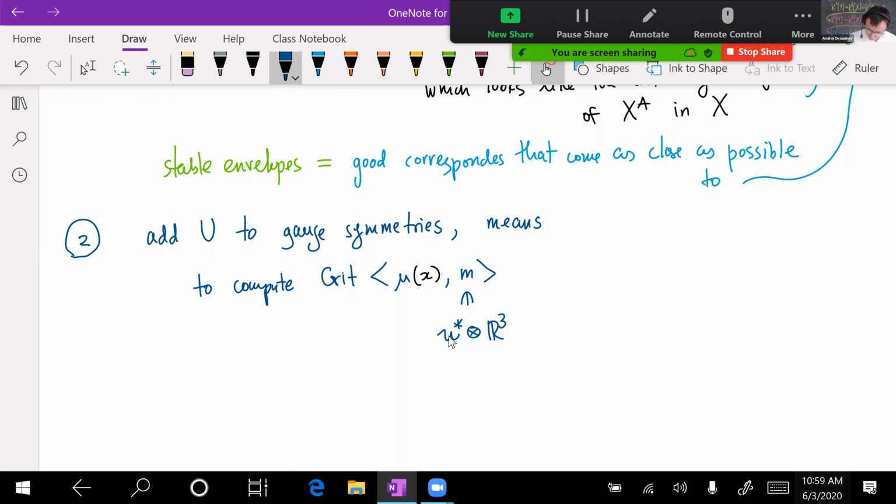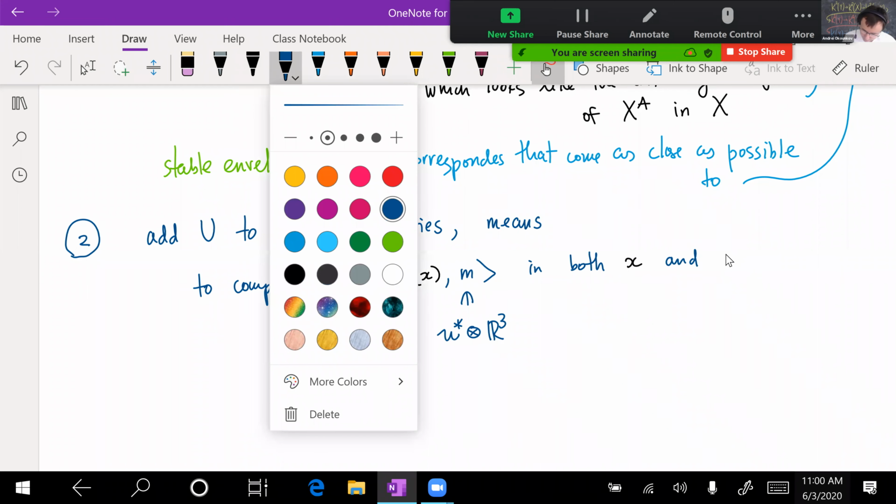So these are superpartners of our gauge fields in both X and M.